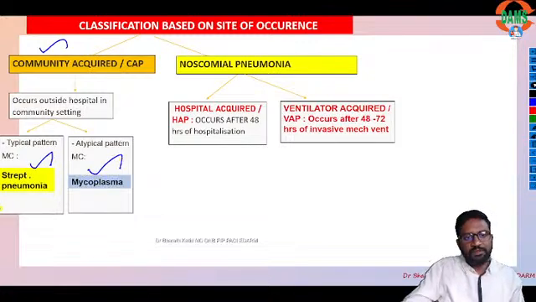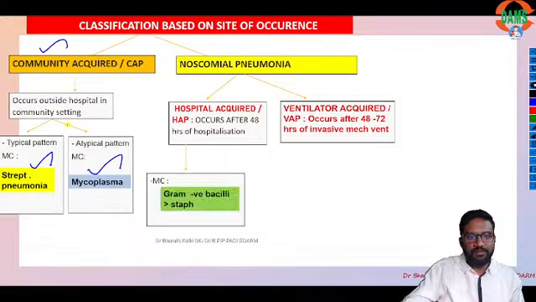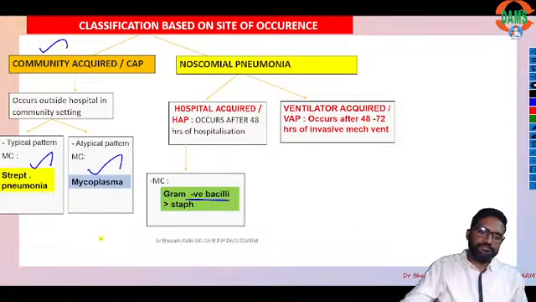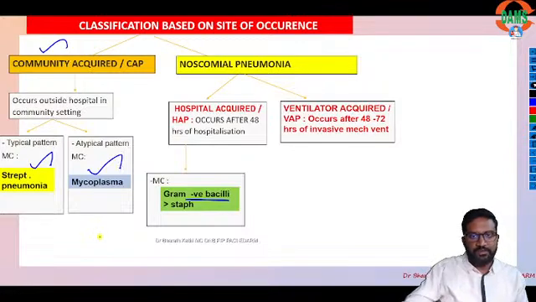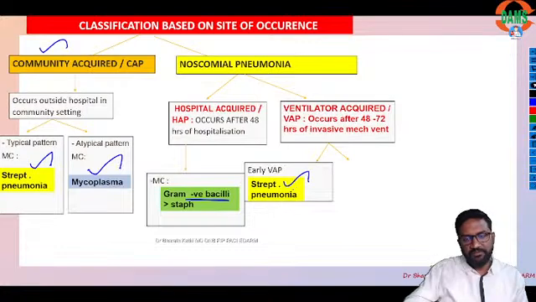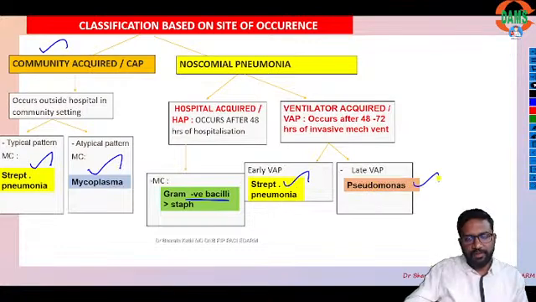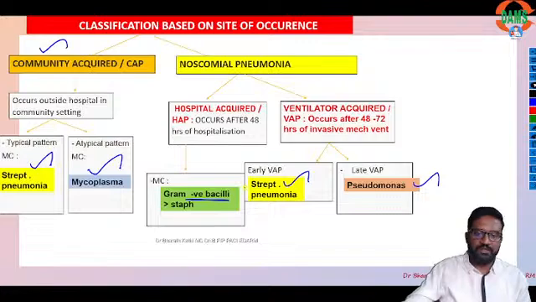Most common atypical is Mycoplasma. Whatever happens in a medical facility, hospital acquired, most common if they ask you single organism, gram-negative bacilli. If it happens after ventilator, early VAP, simple organism, Streptococcus. Late VAP, it is more complex organism, Pseudomonas.